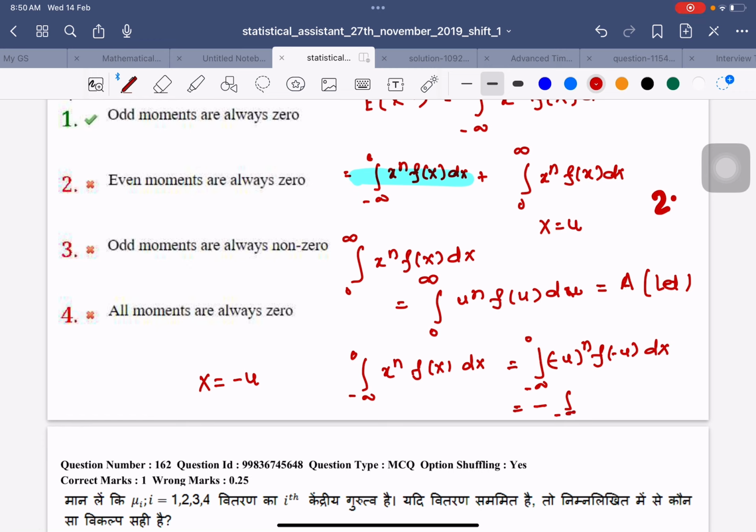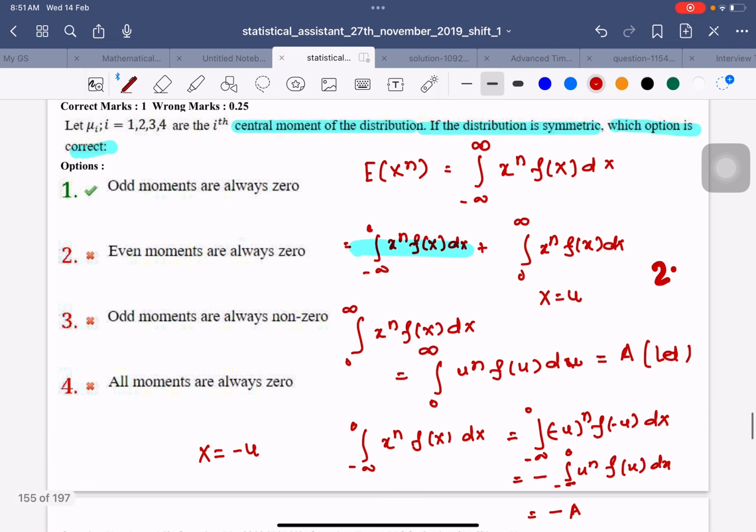So therefore it is minus infinity to 0 u to power n, and we know that f is symmetric. So f of minus u is equal to f of u. So we simply put it here, f of u du, which is equal to minus a. So this is minus a and this is a. When we substitute these values, minus a plus a, we get 0. So the correct option is option number 1, which is odd moments are always 0 in case of symmetric distribution.